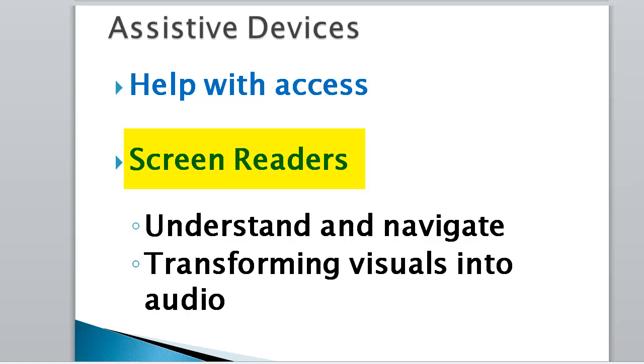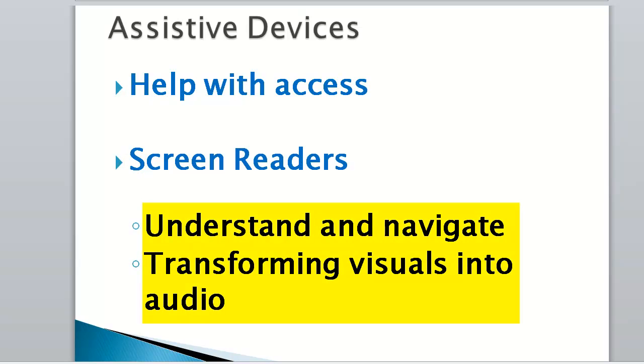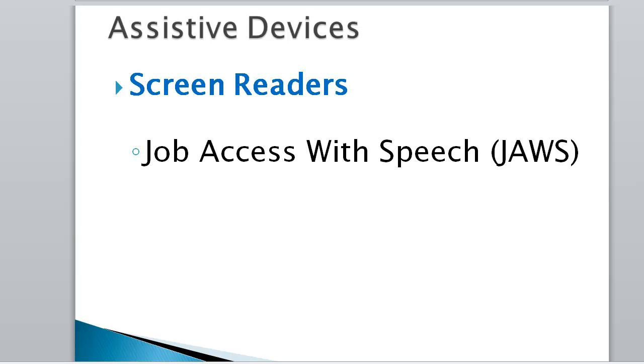A screen reader is a computer program that can understand and navigate the document and transform visual cues into audio, so that the visually impaired person or a cognitively or mobility impaired person could understand using audio. The most commonly used screen reader today is called JAWS, which stands for Job Access with Speech.